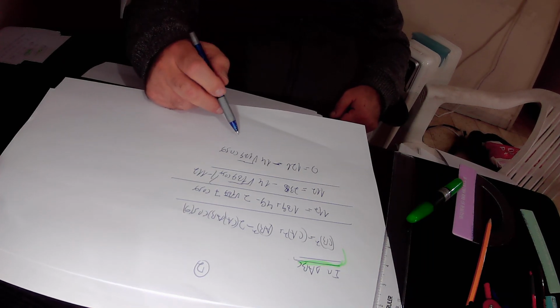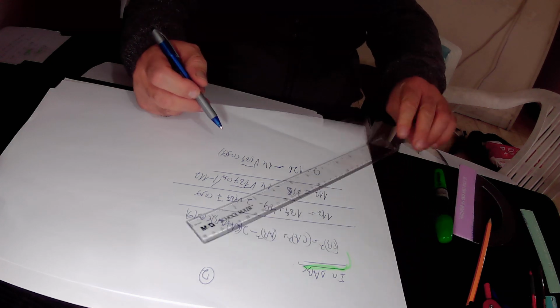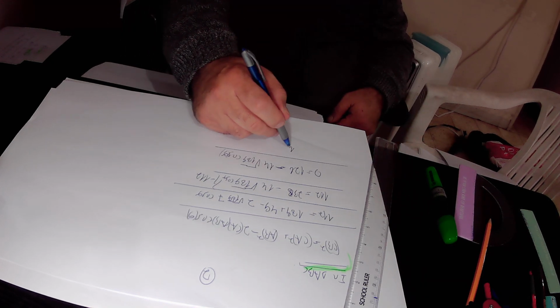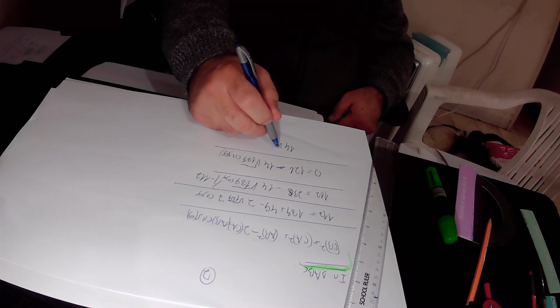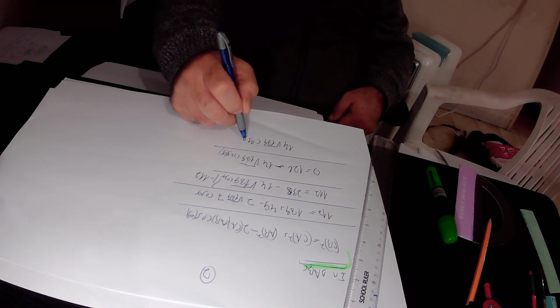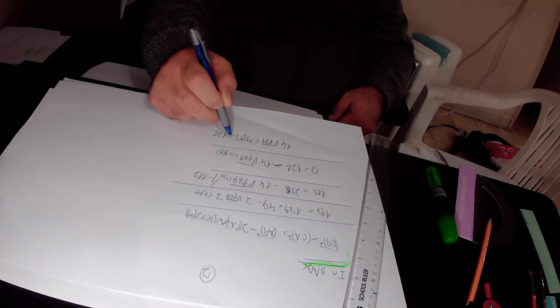Here we add to this equation 14 times square root of 189 times cosine alpha, and get that 14 times square root of 189 times cosine alpha equals 126.